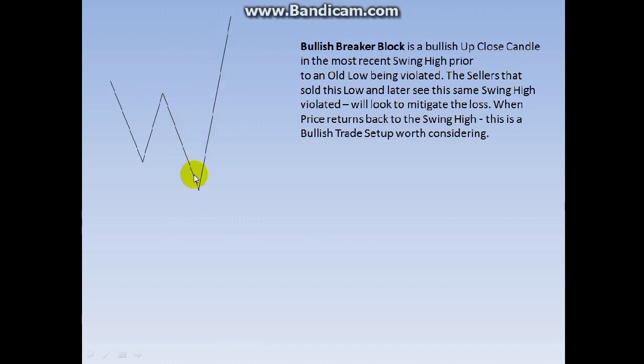Okay, so this is classical resistance turn support. When we see this break of structure to the upside, this shift in market structure, we can anticipate price to reach back for this. Our focus will eventually come to this old high as a breaker block, because those large hedge fund managers are going to look to mitigate their losses.